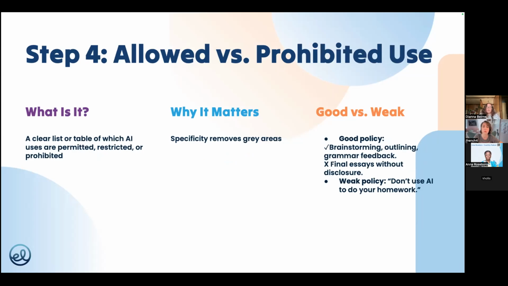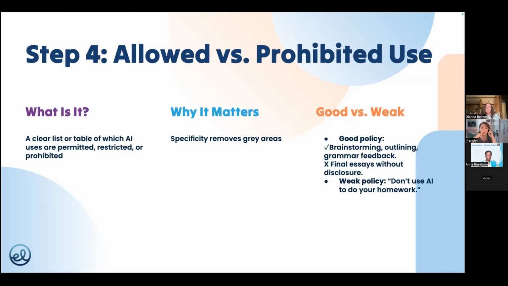So the next step is step 4. Step 4 in your AI policy tells your students, your staff, families, and community what is allowed versus prohibited use.